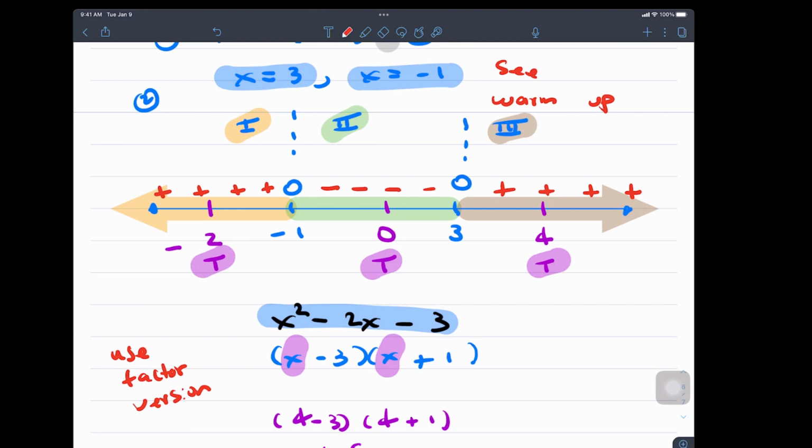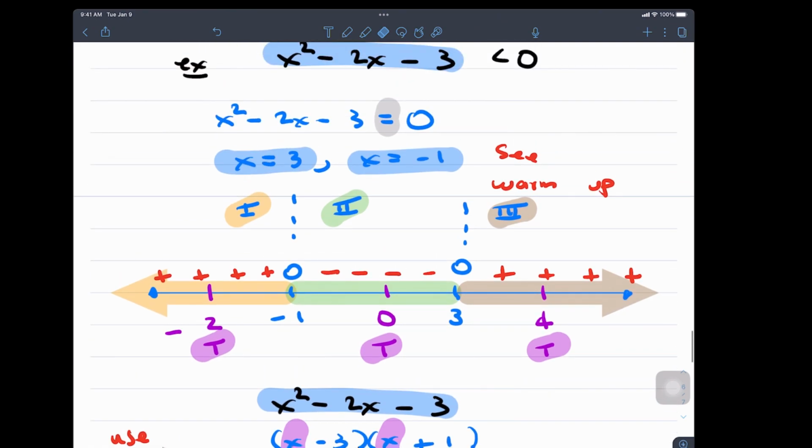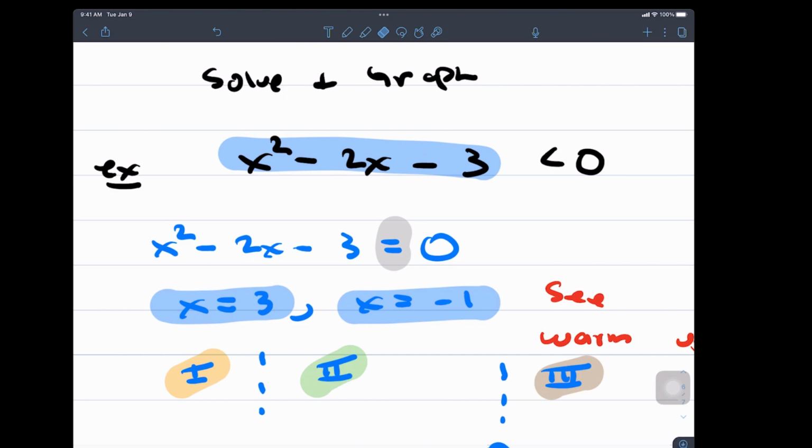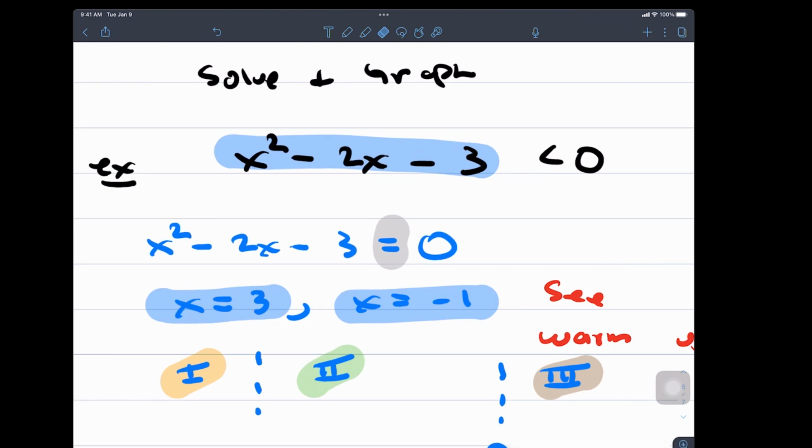So what do you guys do with the last step now? What's the last step called? Isn't that your answer step? All right, so now we give the answer. But how do we give an answer if we don't know the question? What's the question?